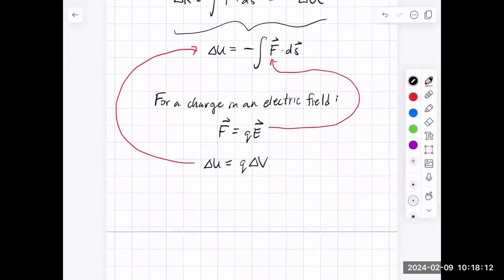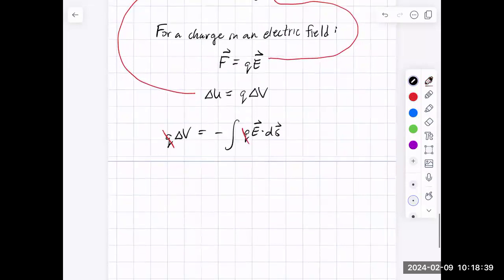So let's see. Delta U, we'll write Q delta V is equal to minus this integral. For the force, we'll write that as Q times E, like so. And so now you can see that what we've got is a Q factor on both sides. And so we could cancel.